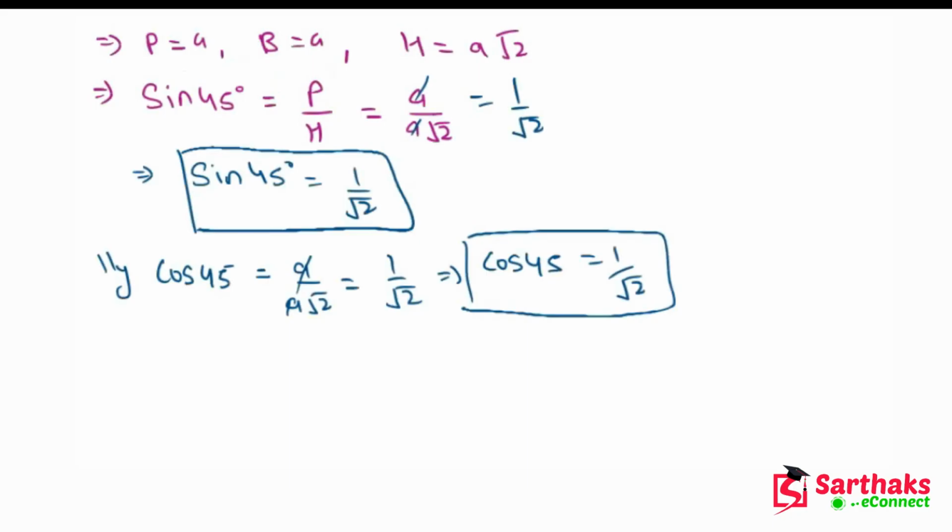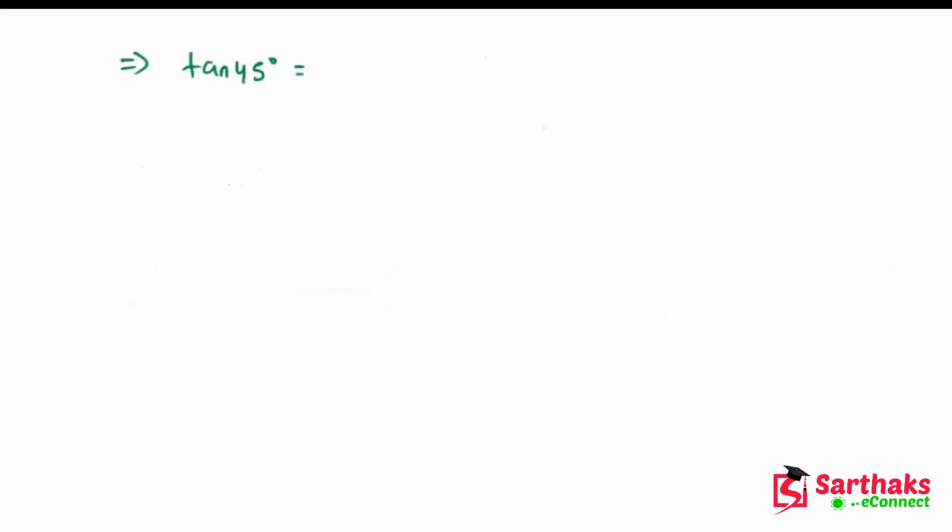Now tan 45 degrees is perpendicular upon base, and the perpendicular is A and the base is A. So this becomes A upon A, and if we cancel this we get 1. So tan 45 degrees is equal to 1.